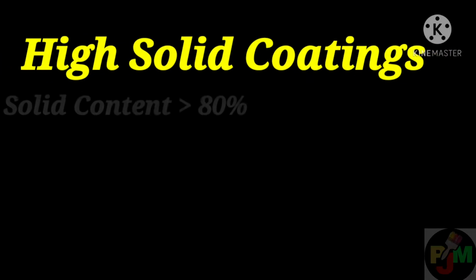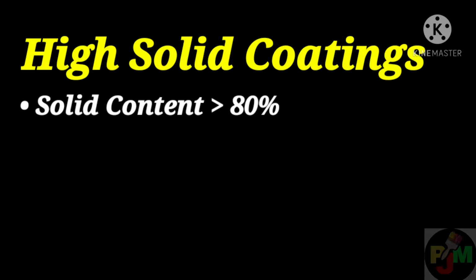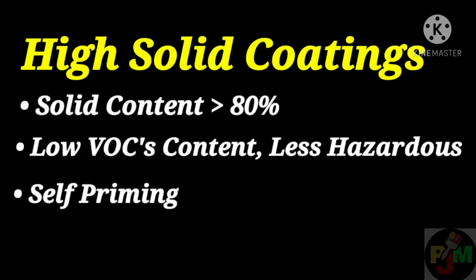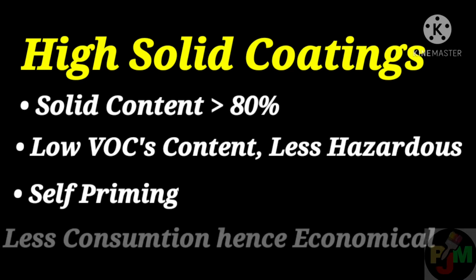High solid paints contain more than 80% solid constituent, that is binder and pigment, dispersed in an organic solvent. As VOC content is low, these are less flammable paints. Some paints are self-priming. Thicker coats impart less coating and save time and money.